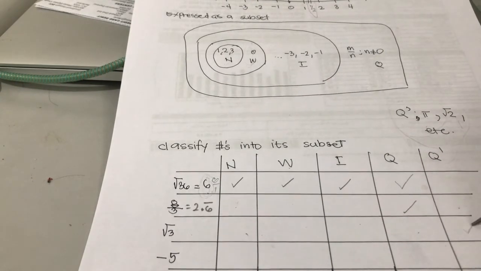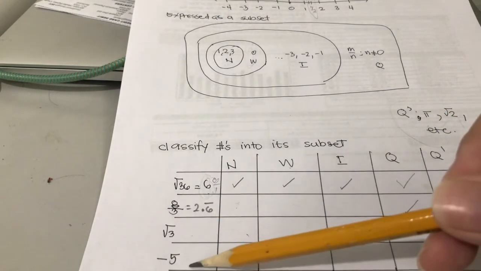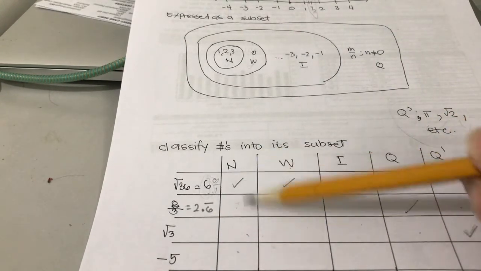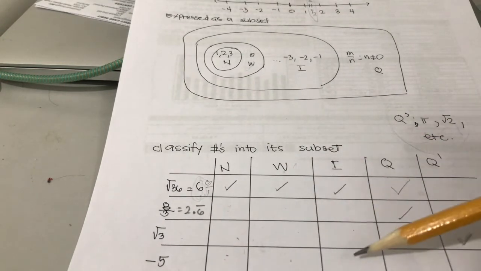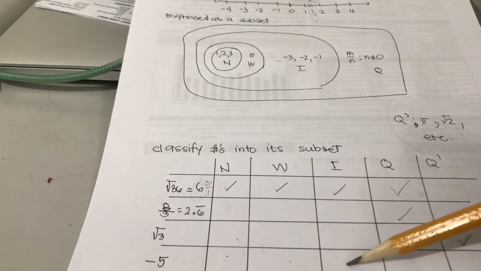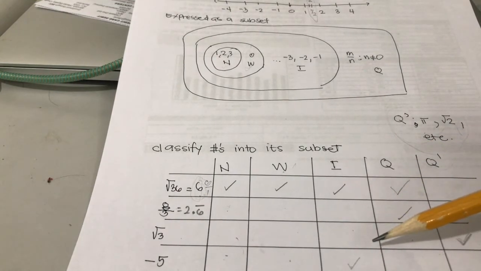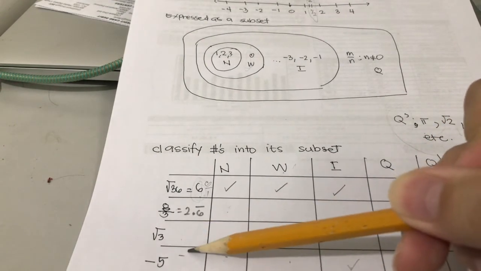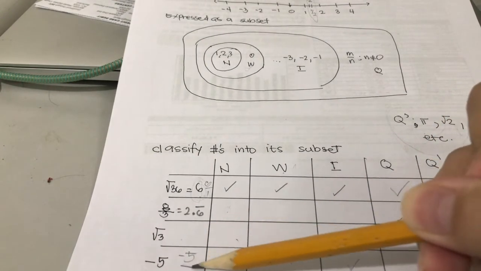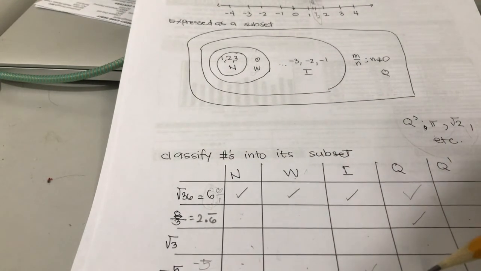Therefore, it's an irrational number. How about negative 5? There are no negatives in natural numbers and whole numbers, so we leave them blank. It is an integer, and it is a rational number because you can express negative 5 as negative 5 over 1.